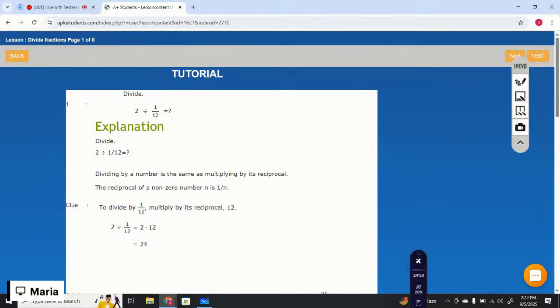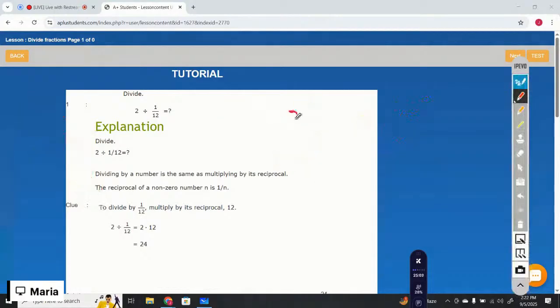Two divided by 1 by 12. So we need to replace that division sign with multiplication, right?